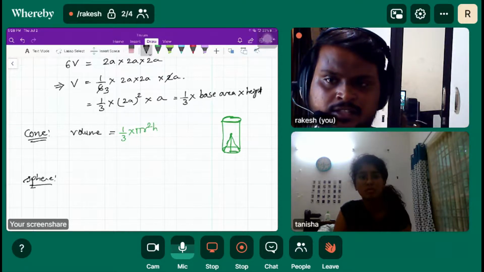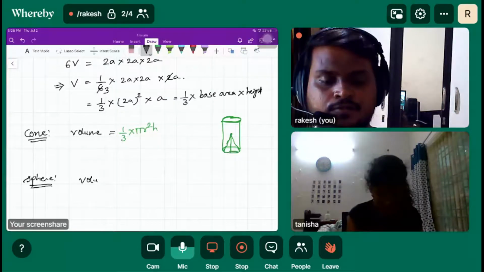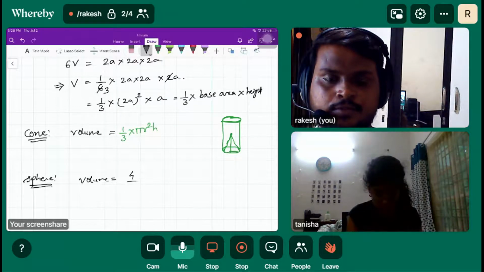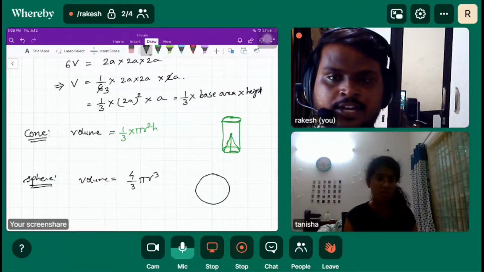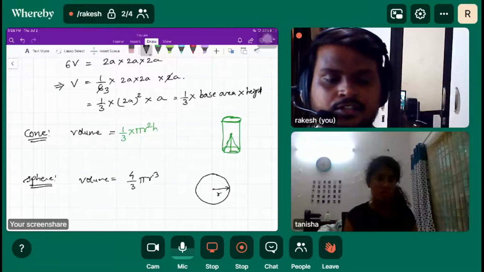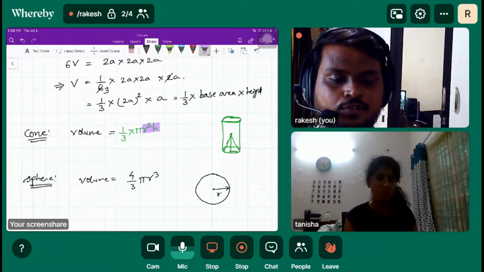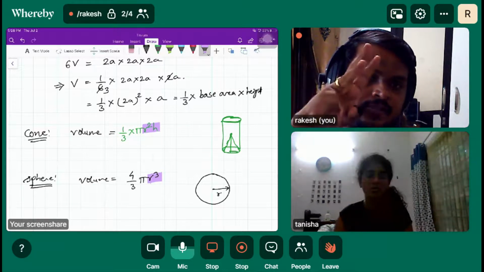that is like the earth. So volume of sphere is 4 by 3 pi r cube. Every time you will definitely verify one thing, that there are three dimensions utilized while writing the formula. Like r square h, three dimension.